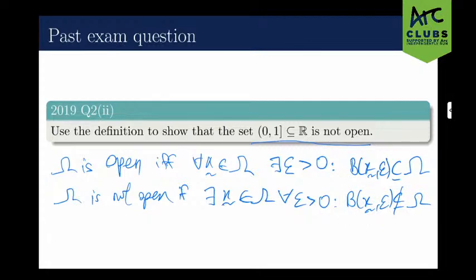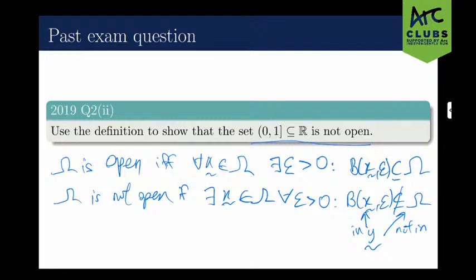And to prove something is not a subset of omega, I just need to show that there is a point y that is in this ball but is not in omega. That's how I want to prove this.